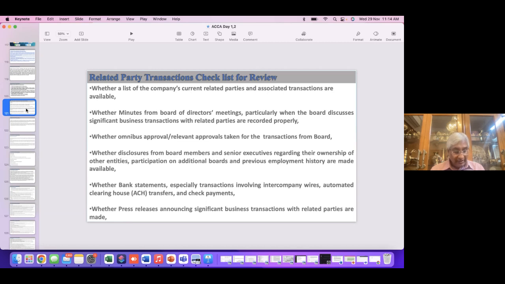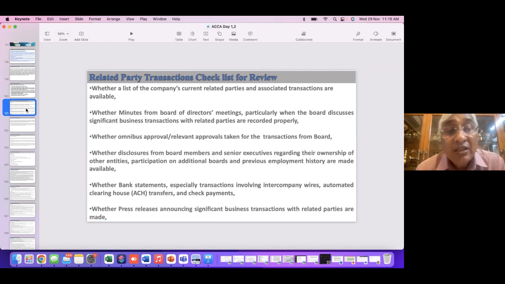So they normally go for this omnibus route, where many propositions and many decisions are presented before the board, and the board will confirm that yes, approval has been taken, or if the board has some question, then they can provide the appropriate replies so that they can be satisfied about whether this is a valid transaction, or a transaction which requires modification, or a transaction which cannot be carried out.